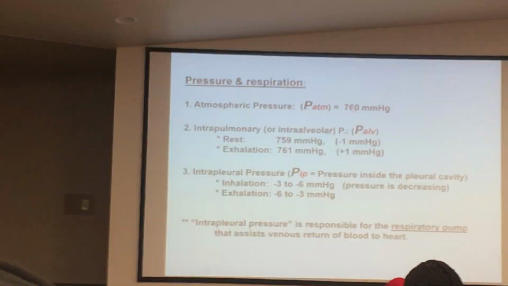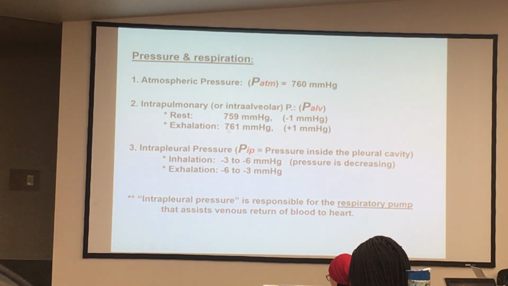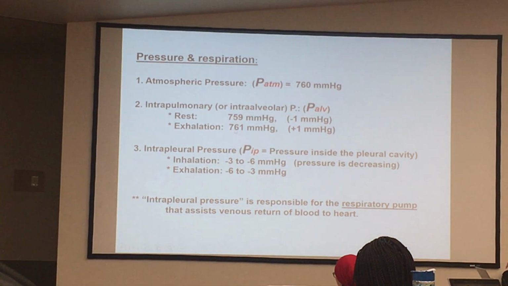Condition is 759, so a little bit lower than 760, so air will move in. And during the exhalation, we build a little bit 761. But the intrapleural pressure, in between this pleural cavity, so we call it PIP, is from -3 to -6.